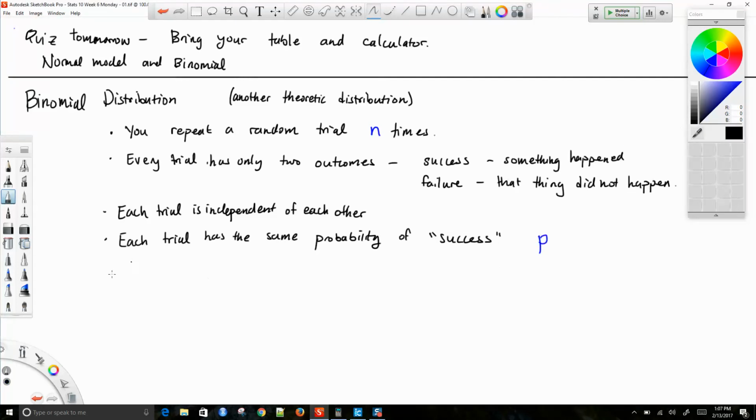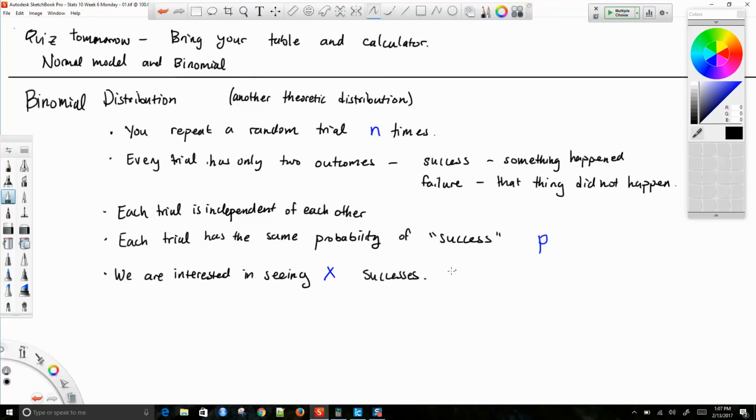Okay, and what we are interested in is seeing X successes.